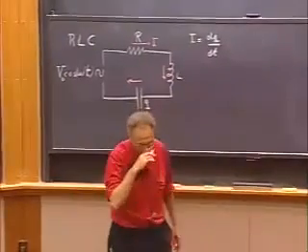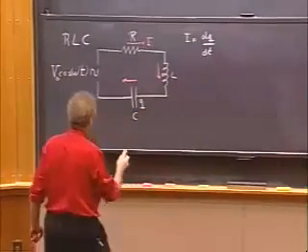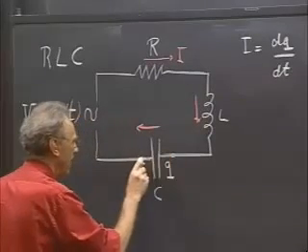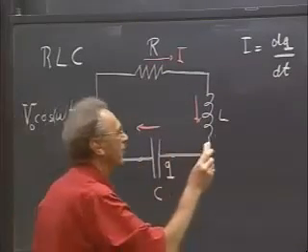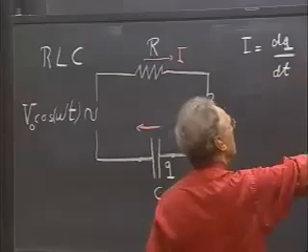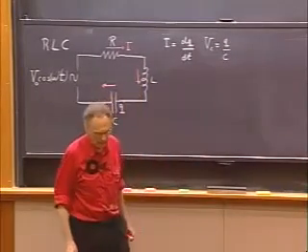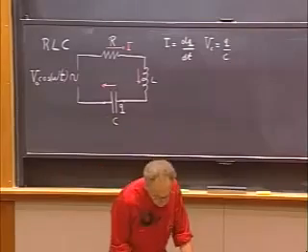I call the potential difference over this capacitor in going from the right side to the left side, I call that V of C. That then is Q divided by C. All of that is sign sensitive.